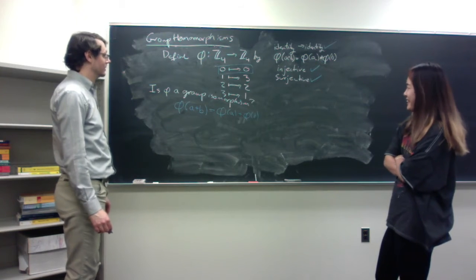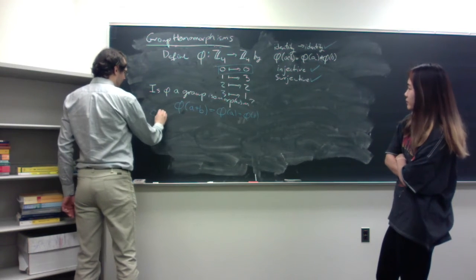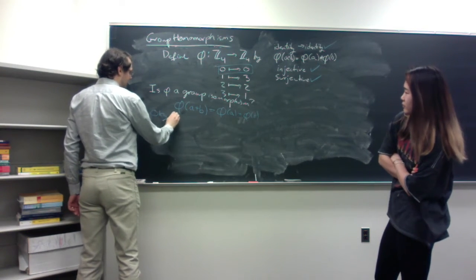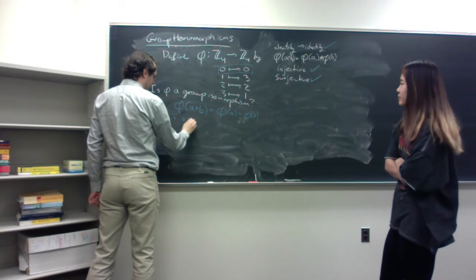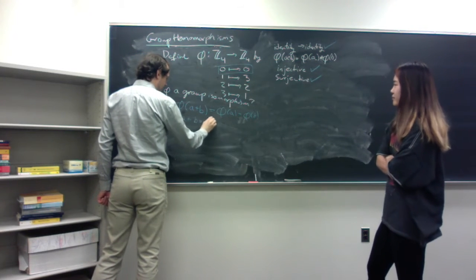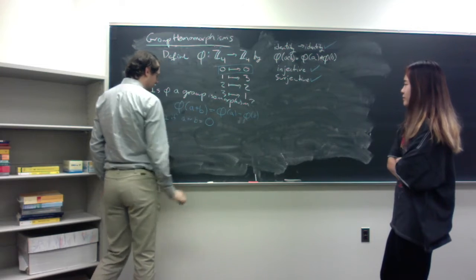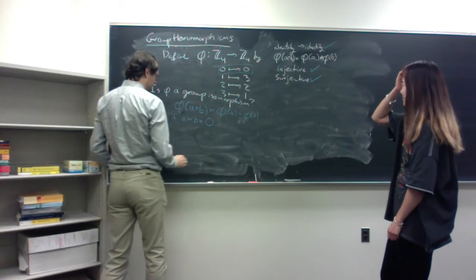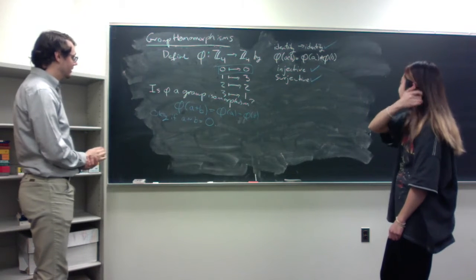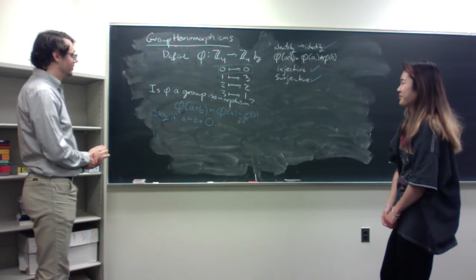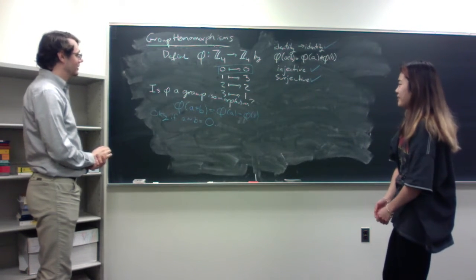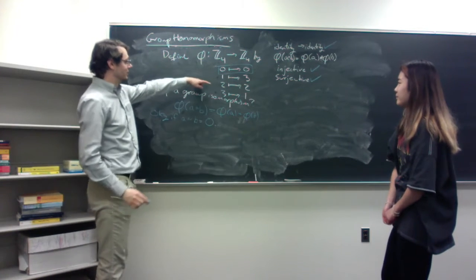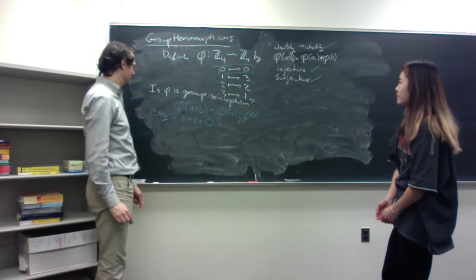True. Okay. So we're just going to do this by a lot of case analysis, maybe. It's also okay if they're both equal to 2, because 2 doesn't change. Phi is just the identity there.